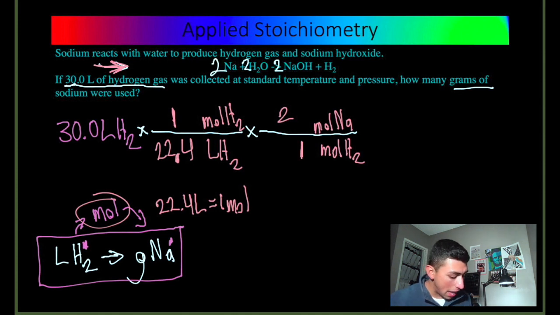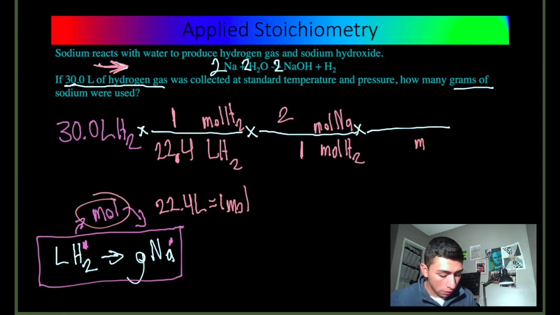Now that we know that, we are at moles of sodium, so we can convert from moles of sodium to grams of sodium, which is really just the final step here. It's not as difficult as it looks. It's really just the easy conversion.